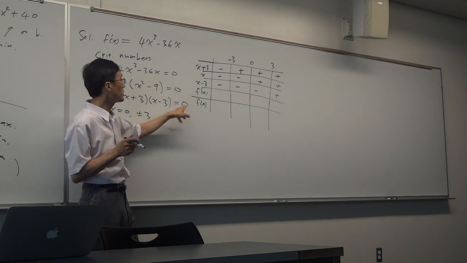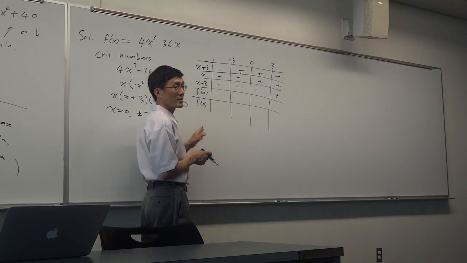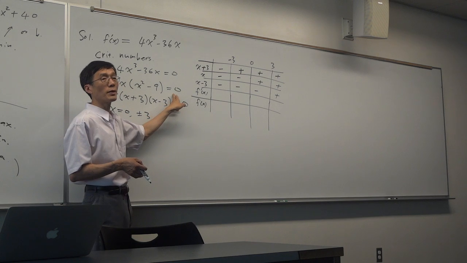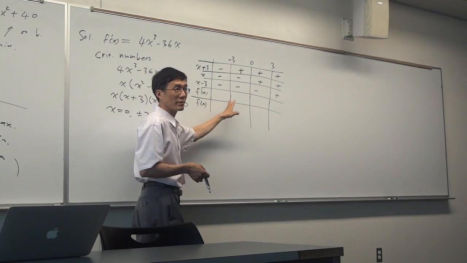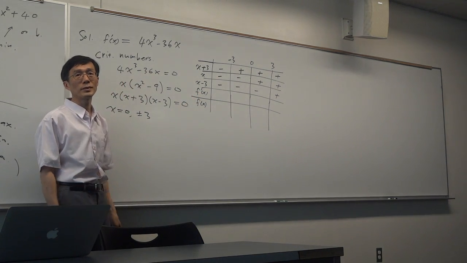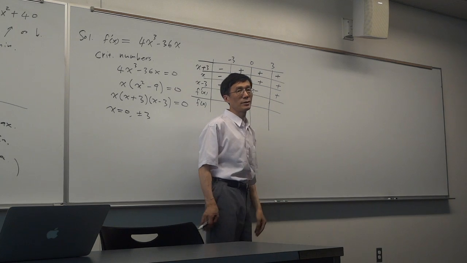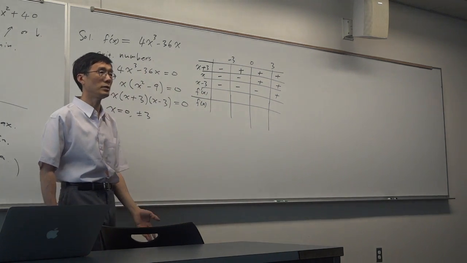If it's degree 2, then this will remain positive because it's a square. Because it's a square, everything will be positive. If it's degree 3, then what happens? It will be negative, not positive, just like degree 1. If it's degree 4, it will be always positive again. So it really depends on the degree whether it is even or odd.